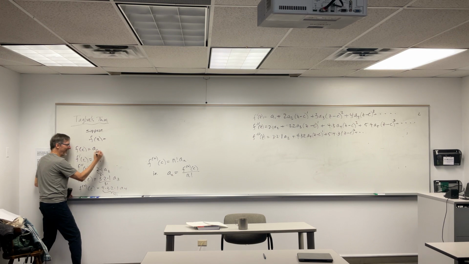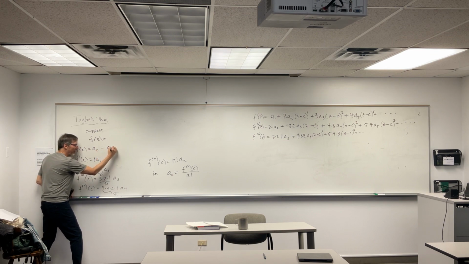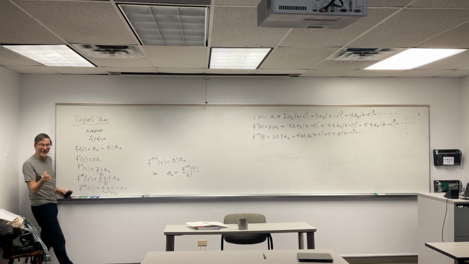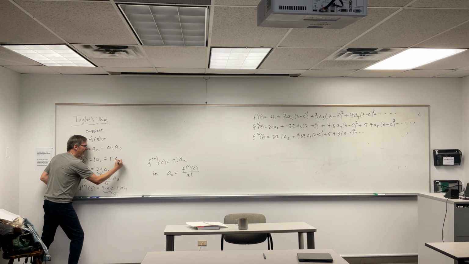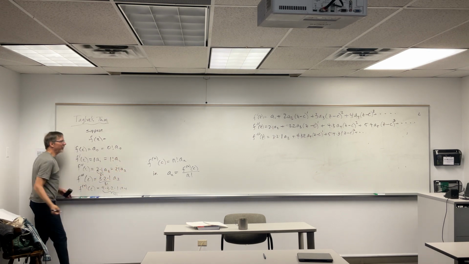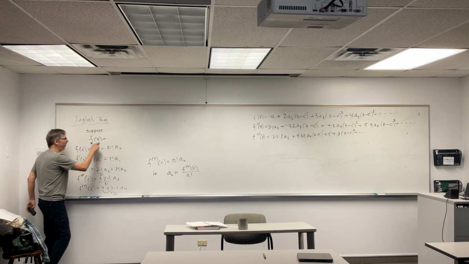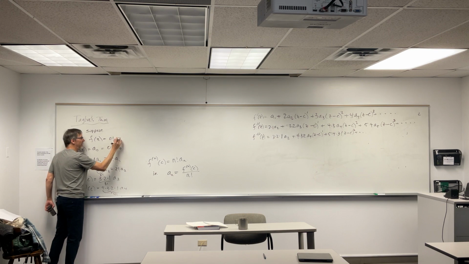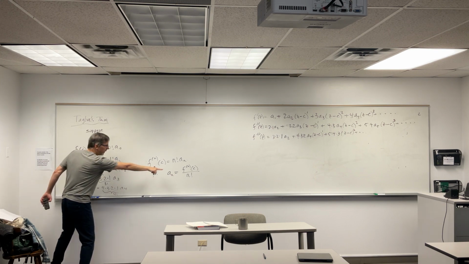This is actually 0 factorial a naught, because 0 factorial is conveniently 1. This is 1 factorial a sub 1. 2 factorial a sub 2. Should have written that a little bit ago. So the series is going to look like this. Excuse me, let's go back down to here.